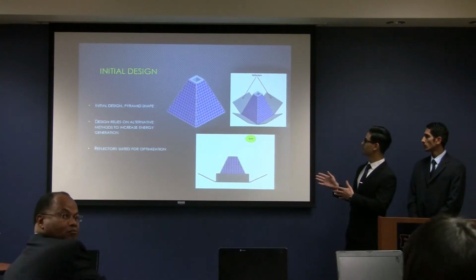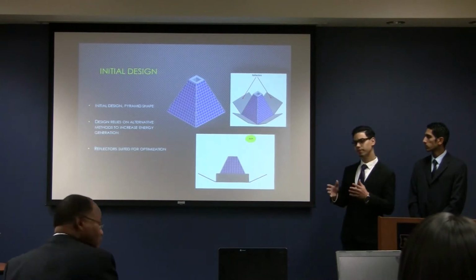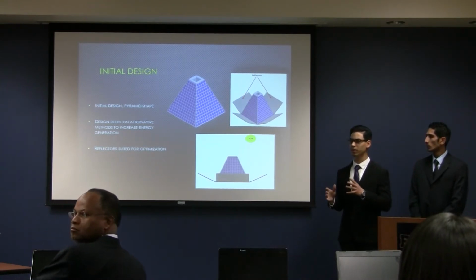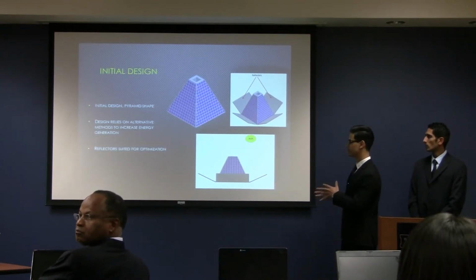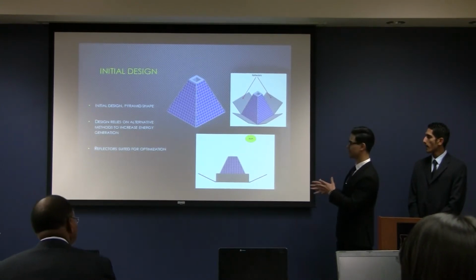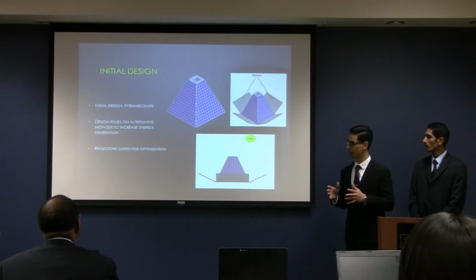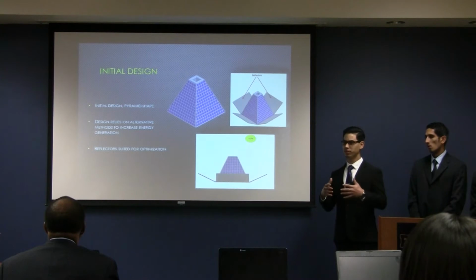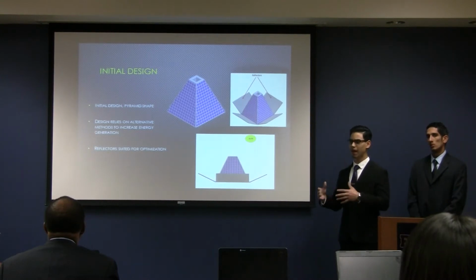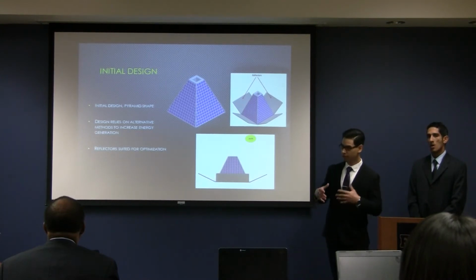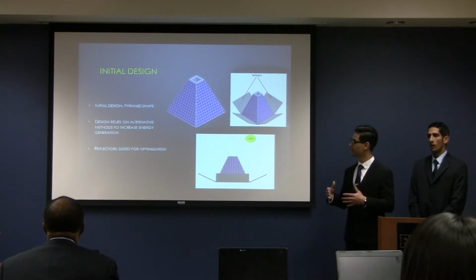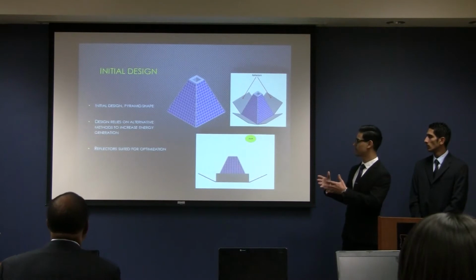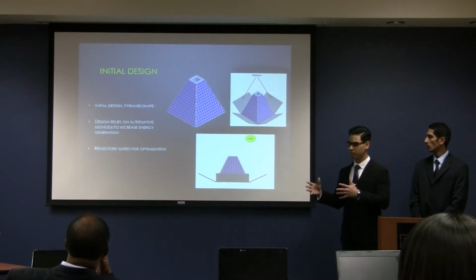Since a lot of the faces of the pyramid would be shaded and not in direct contact with sunlight, we would have to introduce reflectors to the design to increase the energy generation. With the main goal of our project in mind, to increase energy generation rather than rely on alternative methods to do this job for us, we decided to discard this design altogether and instead use reflectors as an optimization.